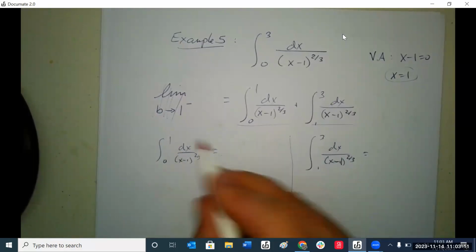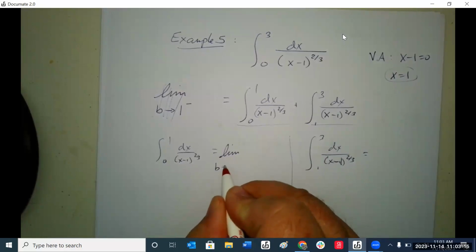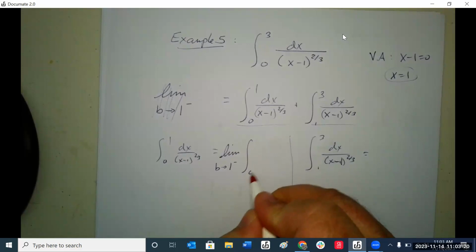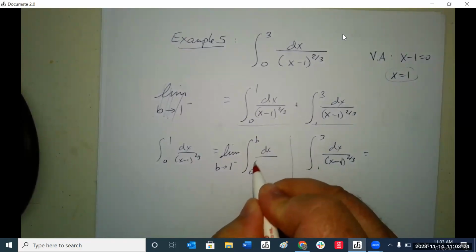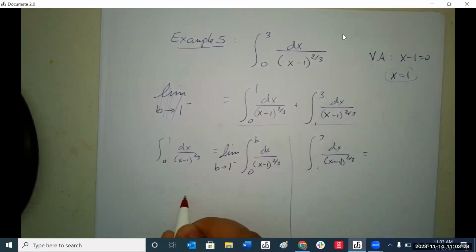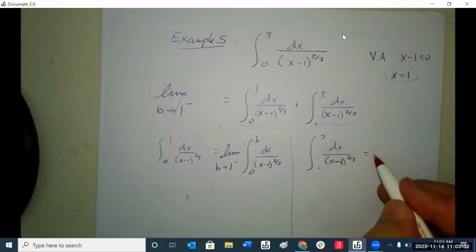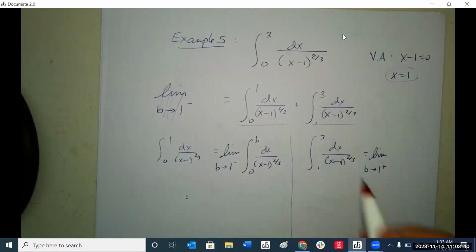So this one, according to our formulas, is the limit as b approaches 1 from the left of the integral from 0 to b, dx over (x minus 1) to the 2/3. And this one's going to be the limit as b approaches 1 from the right.